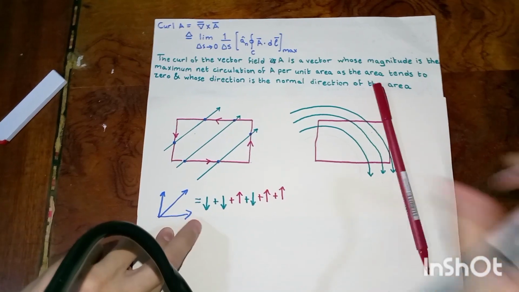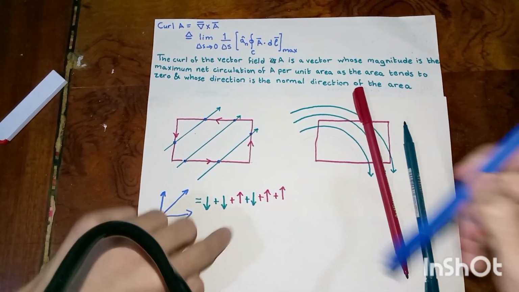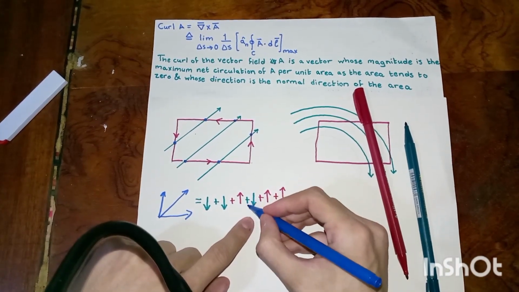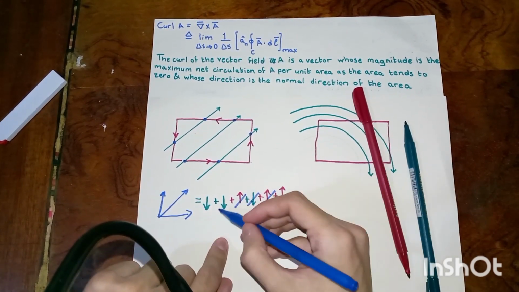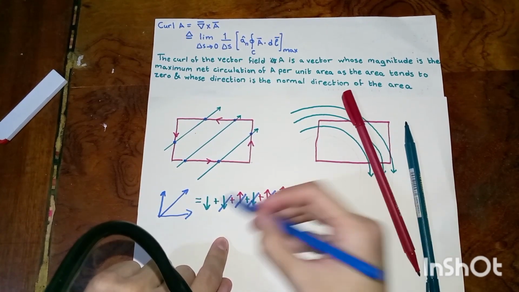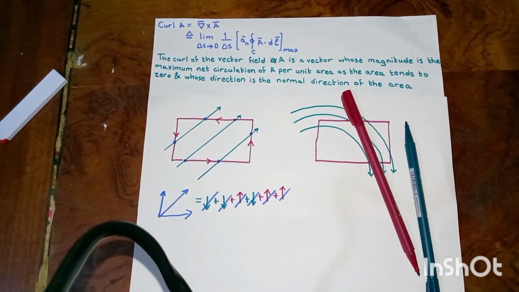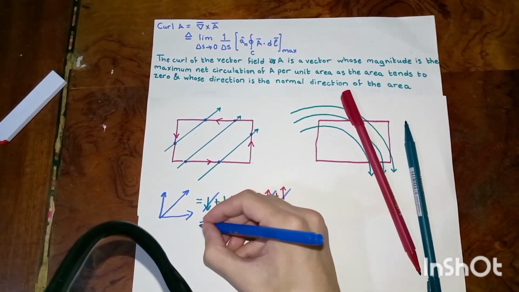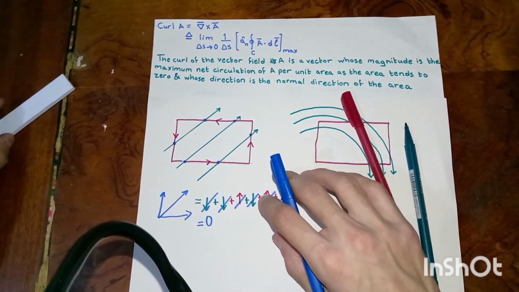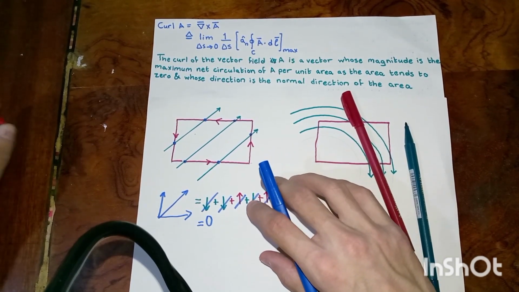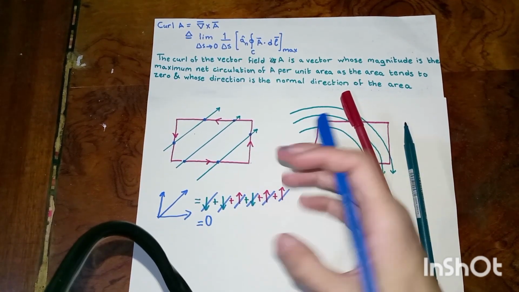As we see, in this case, the negative magnitude is going to eliminate this positive magnitude, this positive is going to eliminate this negative, and this positive also is going to eliminate this. Each of them is eliminating the other, and we end up with 0. At this point, we understand what is the meaning of taking the dot product between the vector field and the closed path.